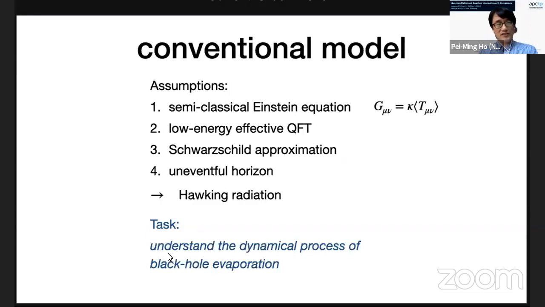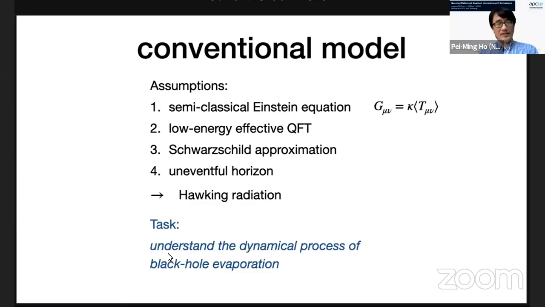So first, we assume that the semi-classical Einstein equation is correct. And there are people who believe that this is not correct. But as we were saying, if we could be passing through the horizon right now, we know that in our neighborhood, the Einstein equation is pretty much valid. So we do not have a good reason to suspect that this is no longer correct.